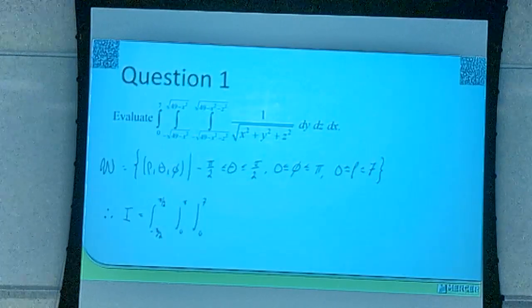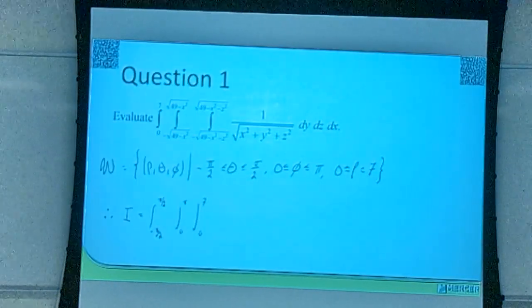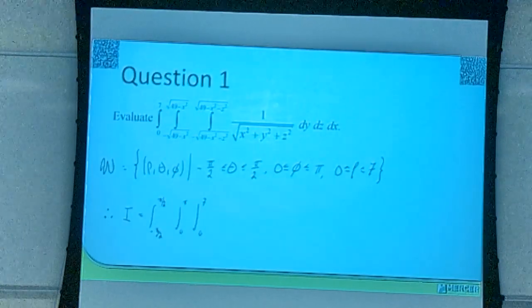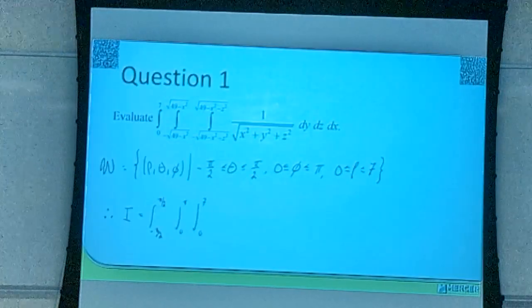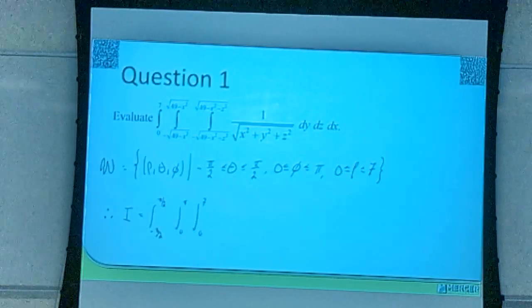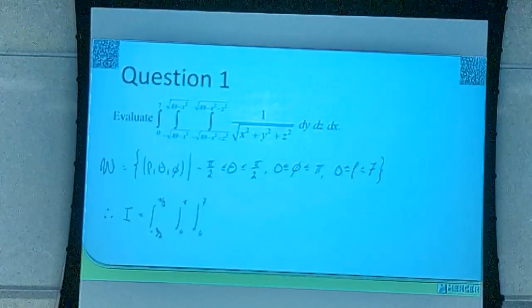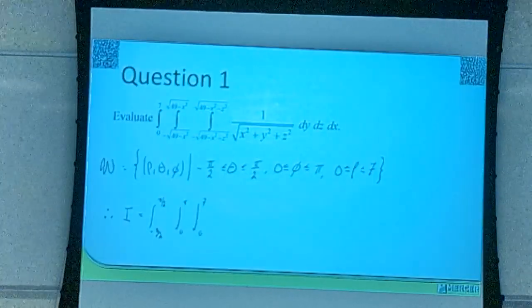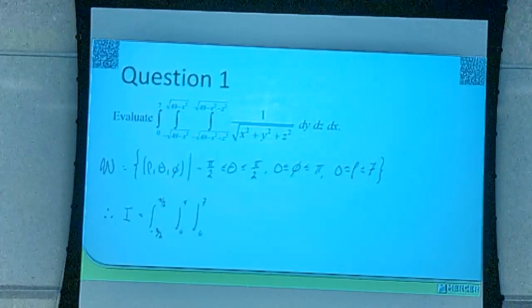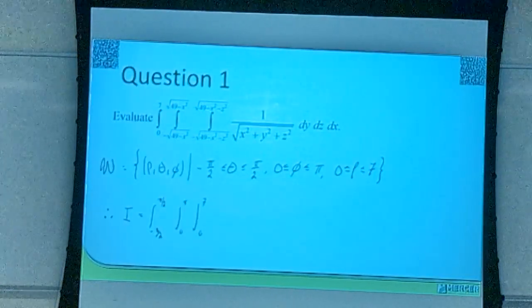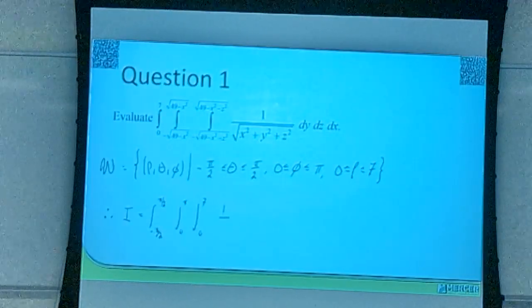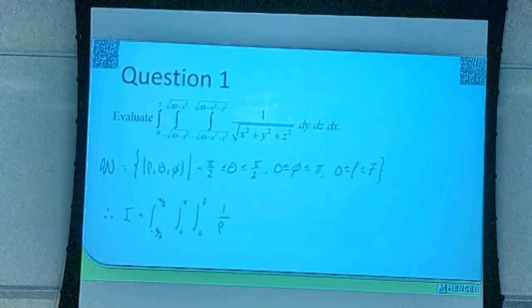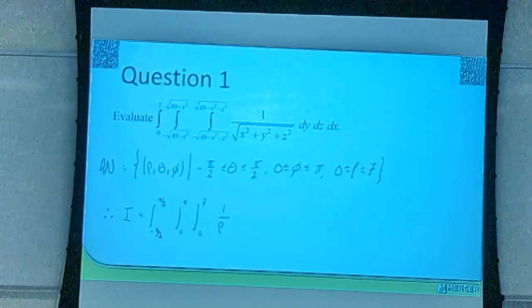There's no r in spherical. Oh, there is no r squared. X squared plus y squared plus z squared is rho squared. Just 1 over rho.